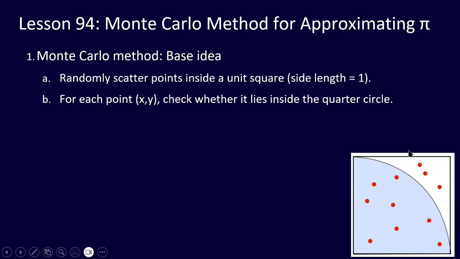There's a square with side length of 1, and there is a quarter circle of radius 1. And we scatter many red points in this square, and we can count the number of points within this quarter circle area.